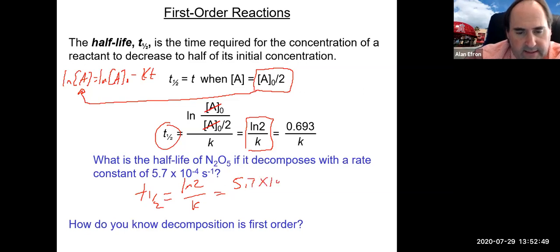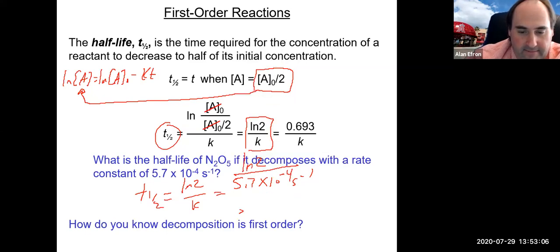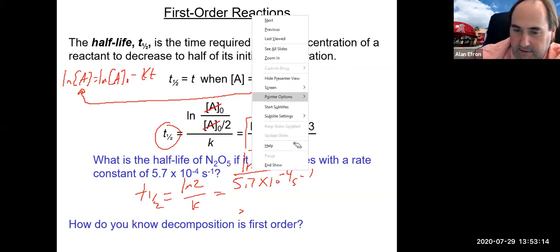So this would be divided by, I wrote that backwards, so we'll just do that. Natural log of 2 on top, and pretend you don't see that really bad line there on the bottom. I'm going to get rid of it. There we go, that's better. All right, so natural log of 2 over that, and that will give me an answer.